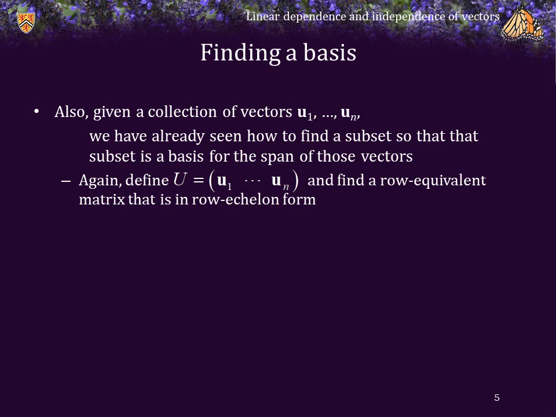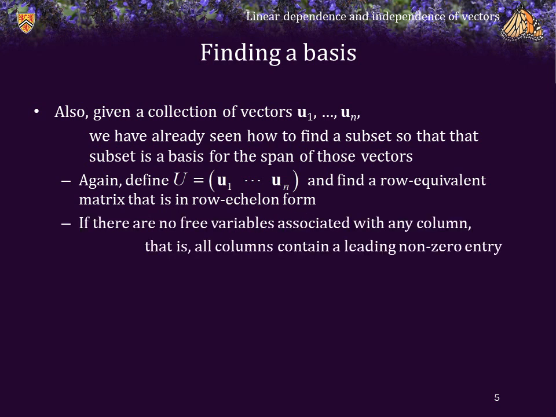And what we did is we found a row equivalent matrix that is in row echelon form. If there are no free variables associated with any column, that is, all columns contain a leading non-zero entry, then the collection of these vectors forms a basis for their span.